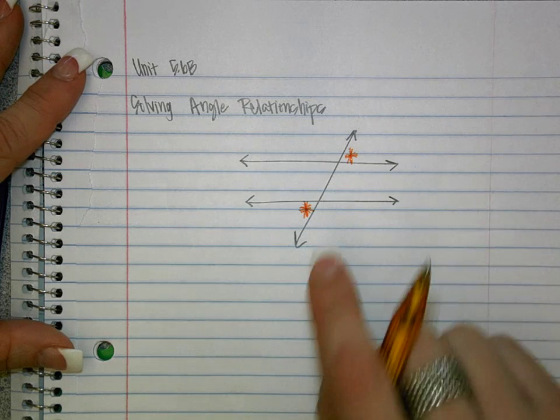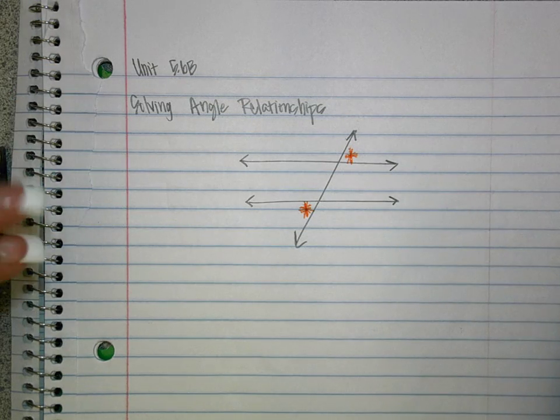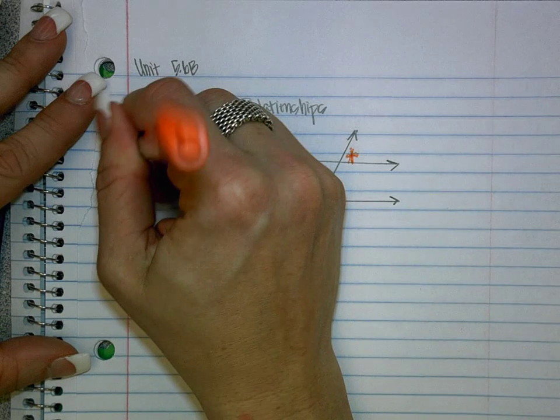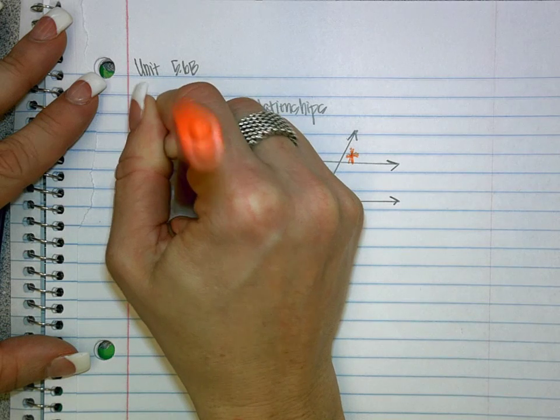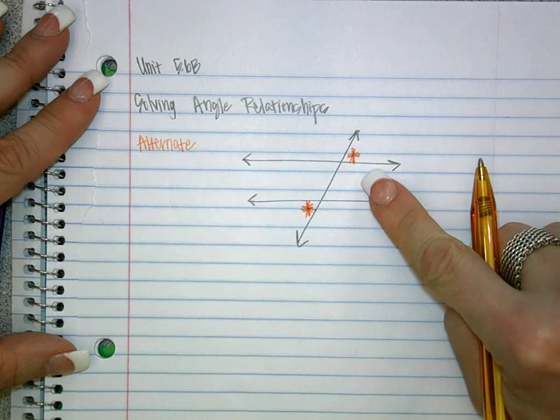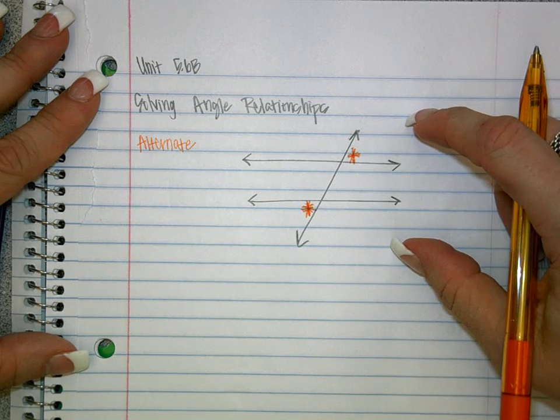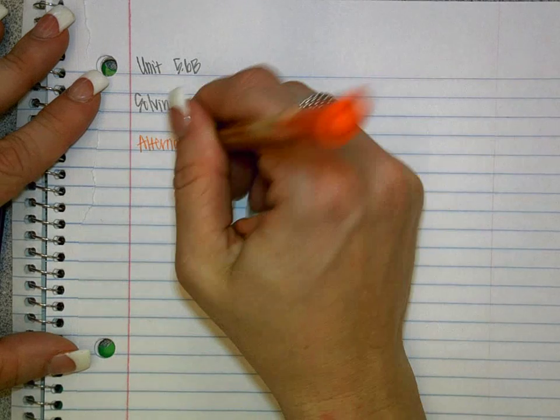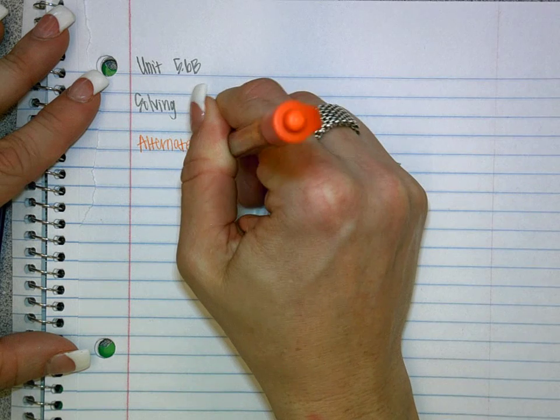Are these same side or alternate? Alternate, because they're on different sides of the transversal. And are they interior or exterior? Exterior, because they're both outside of the parallel lines. So alternate exterior angles.